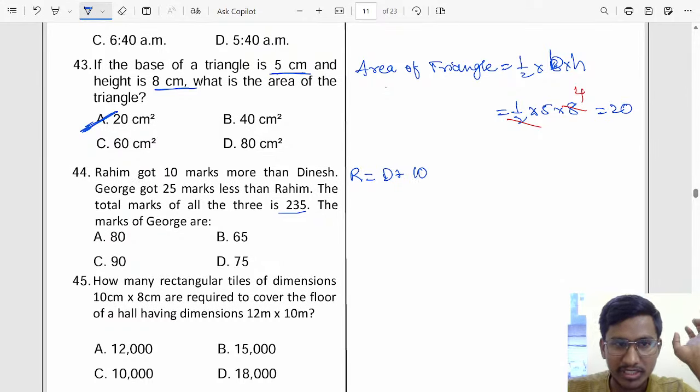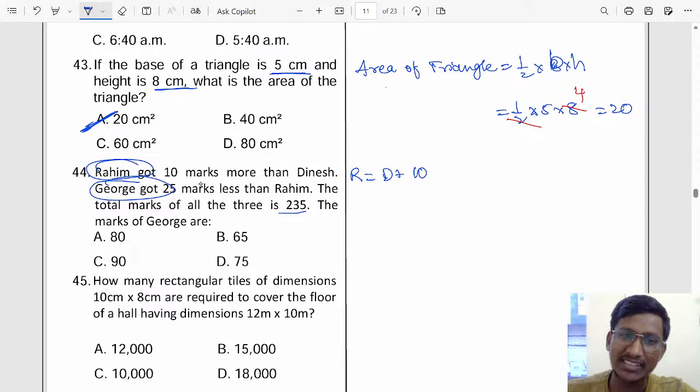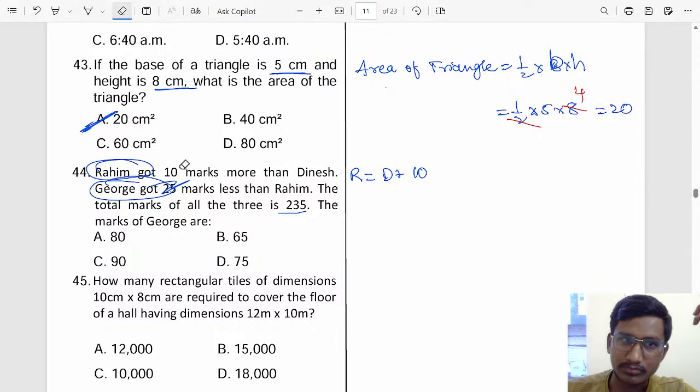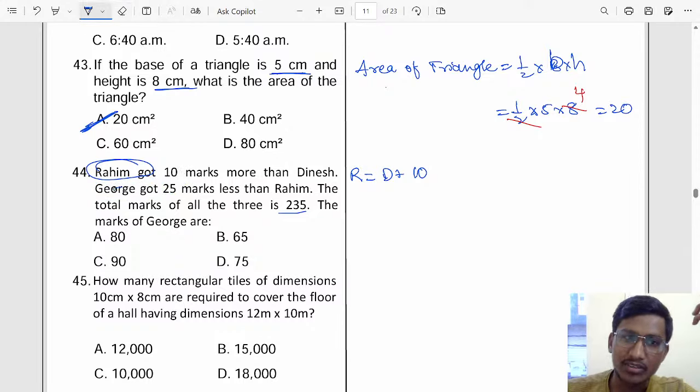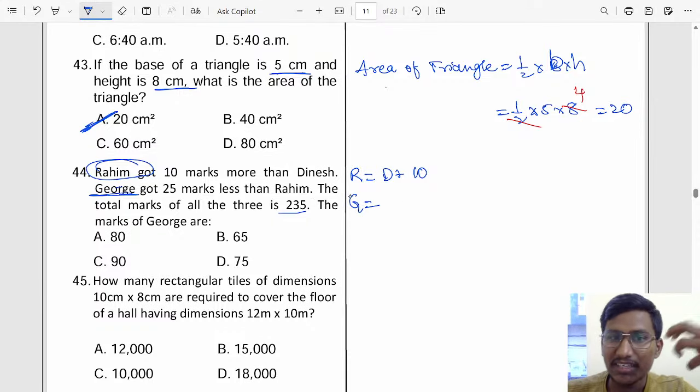And George got 25 less than Rahim, so we have to minus.